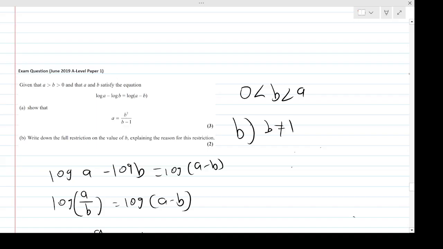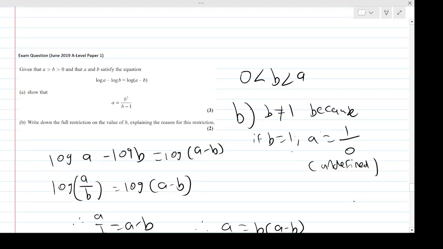So I'm going to say B can't be 1 because if B equals 1, then A equals 1 over 0, which is undefined, because then you divide by 0, right? However, that's not the full restriction. That's just one part of it, but that isn't the only bit.